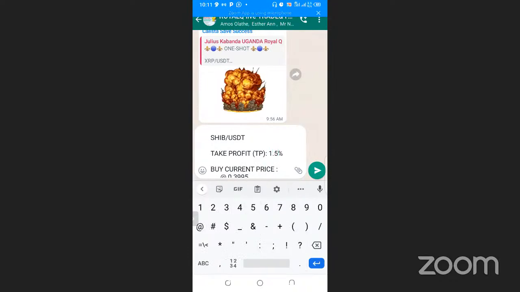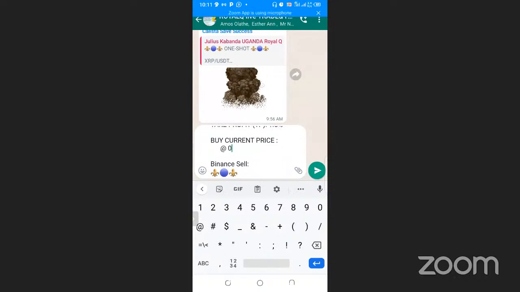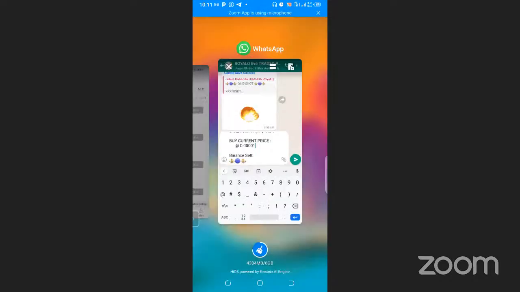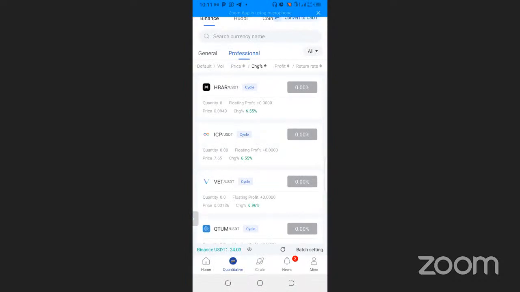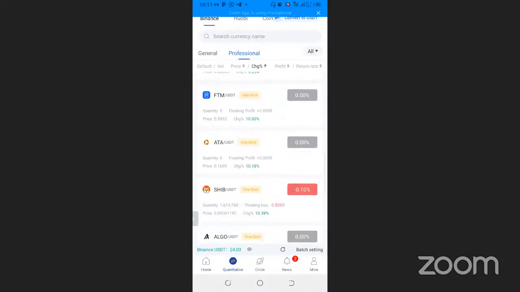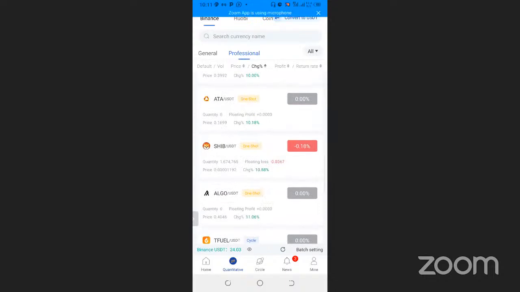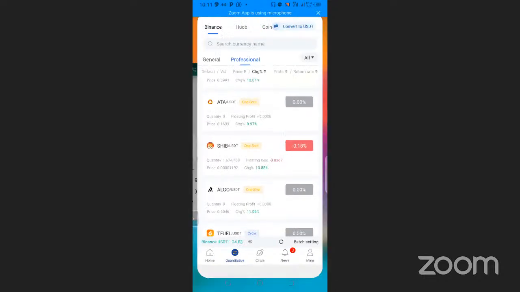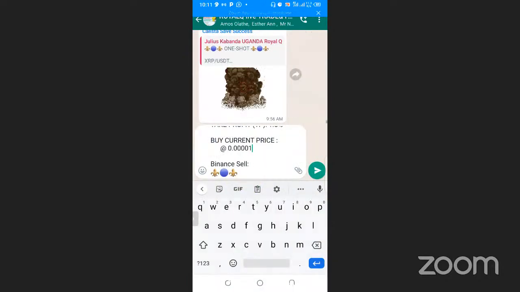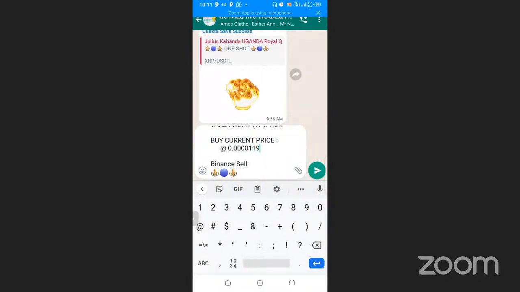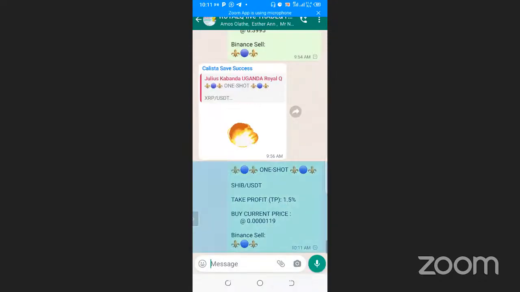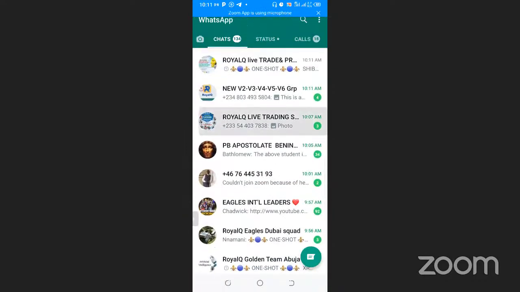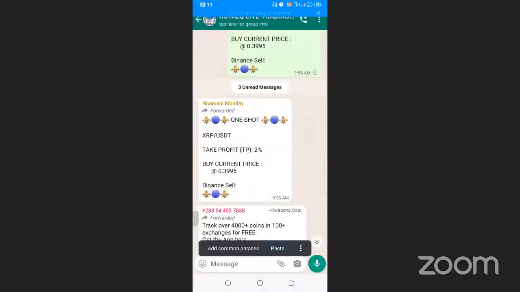So let us take this as it is, 0.00119. That is the last coin for today, ladies and gentlemen. So let us share and let the people also get the value.